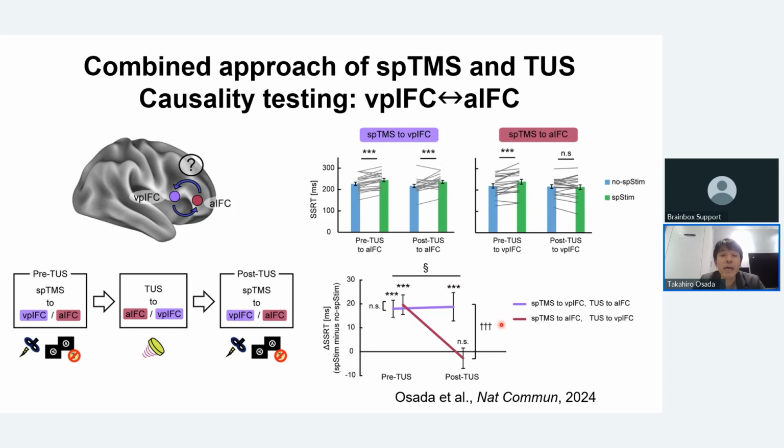In contrast, after TUS to the BPIFC, single pulse TMS to the AFC did not result in a significant prolongation of SSRT. These findings suggest the existence of a unidirectional causal influence from the BPIFC to AFC and no causal influence from the AFC to BPIFC.